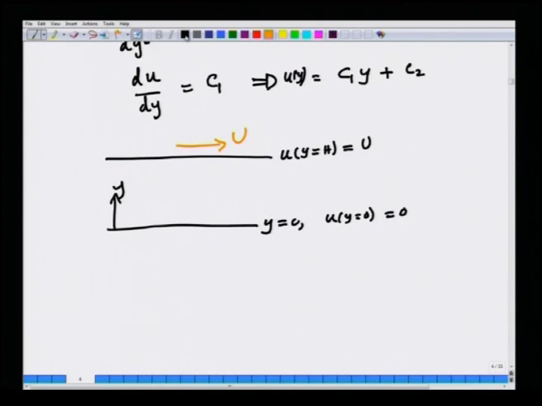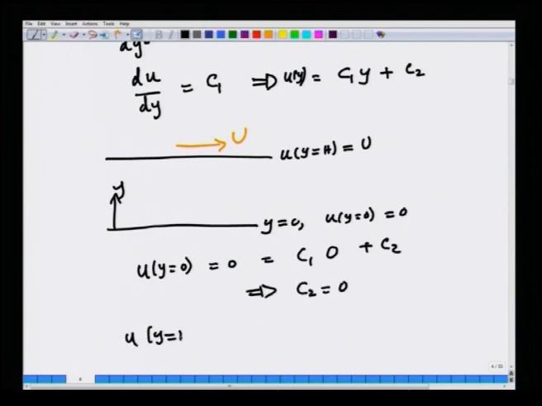So, we can use these two conditions. So, if at y equal to 0, small u is 0. So, this means that u at y equal to 0 is 0, which implies C1 times 0 plus C2, which implies C2 is 0.